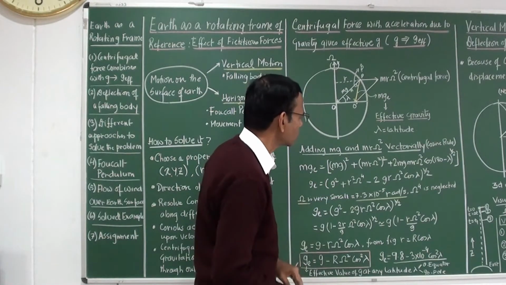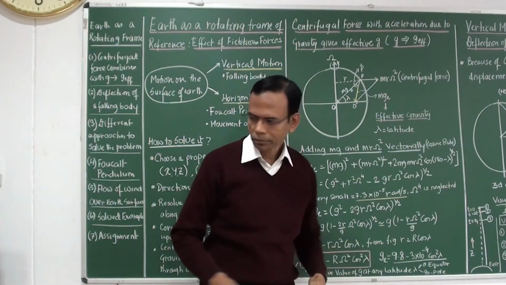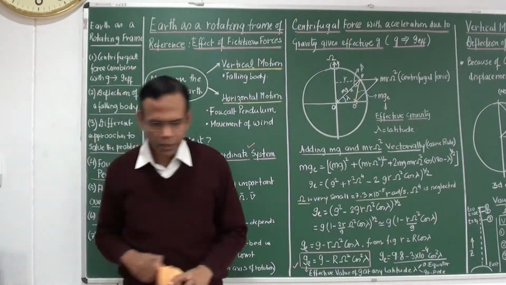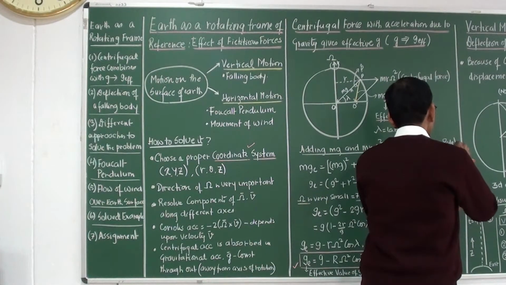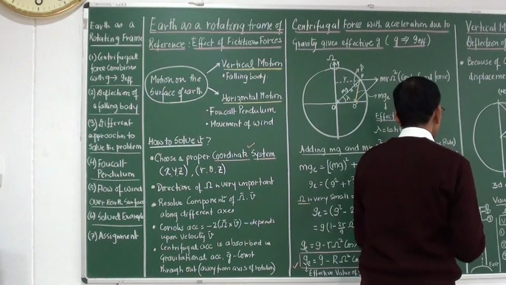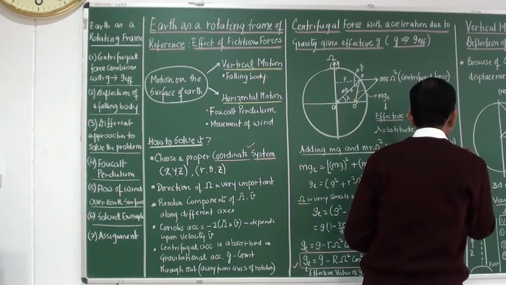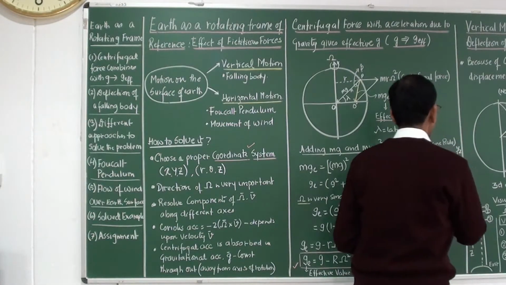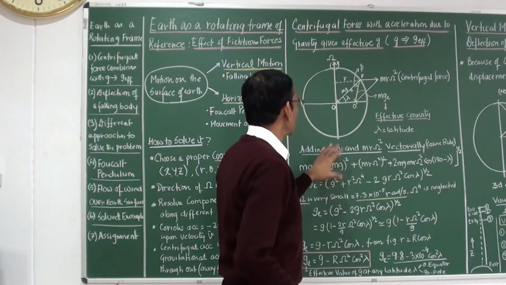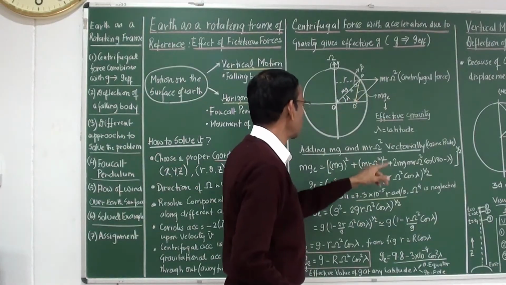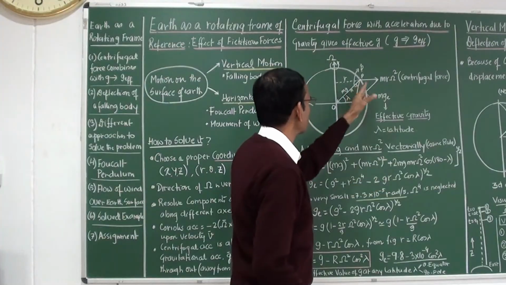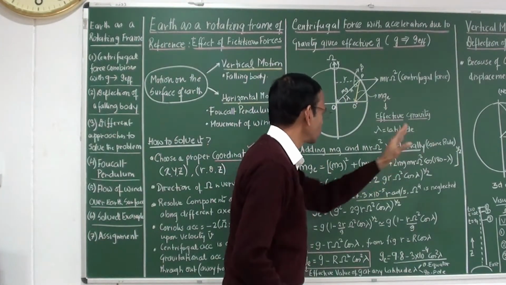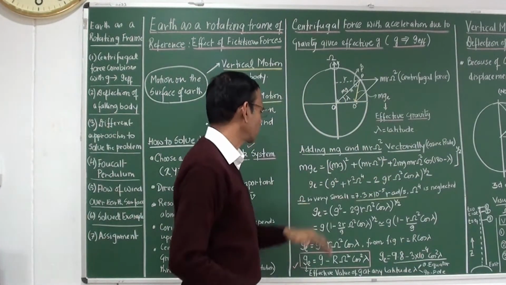There is a mistake over here. This half is not here, this half is over here. So it is a square plus b square plus 2ab cosine of this angle, and the root of the whole thing.